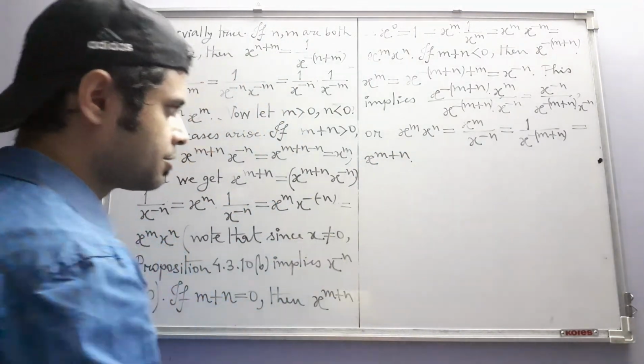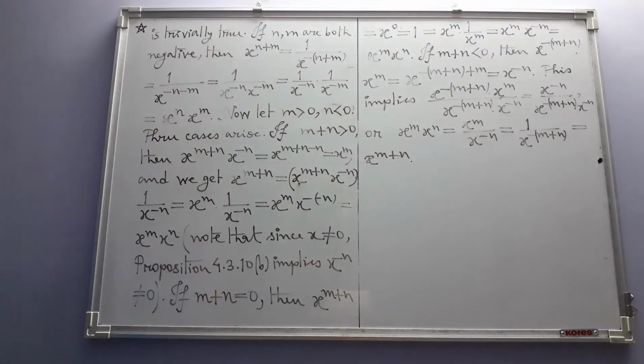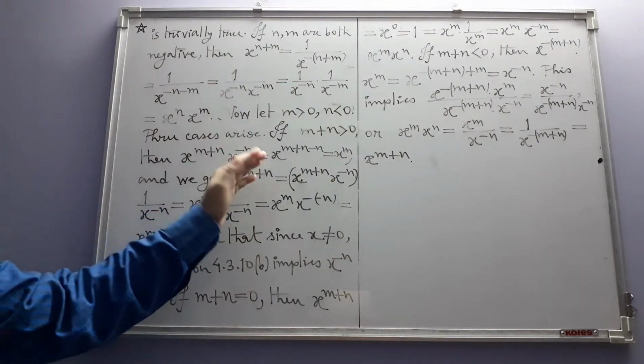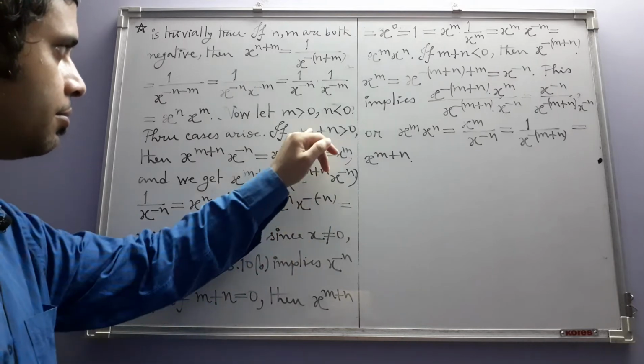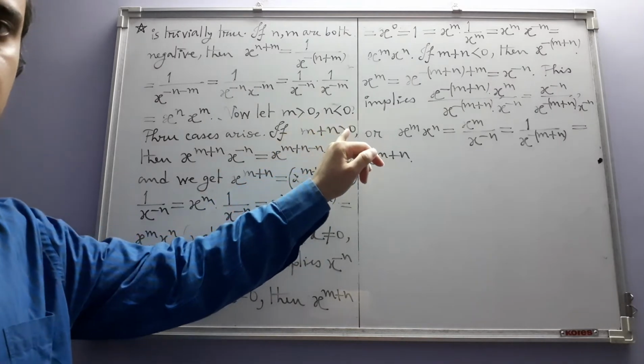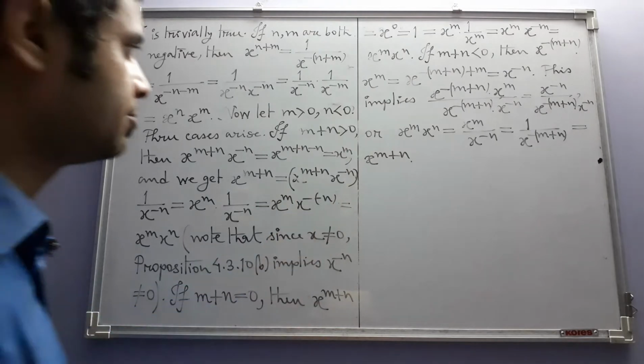So in this case we see that again the formula is true. So all the cases have been covered when m is positive and n is negative.